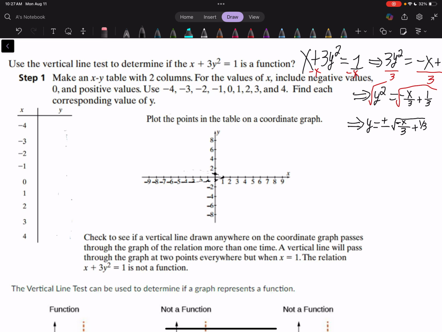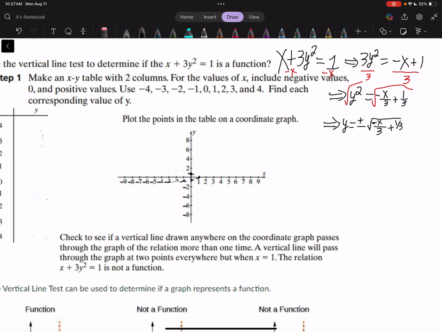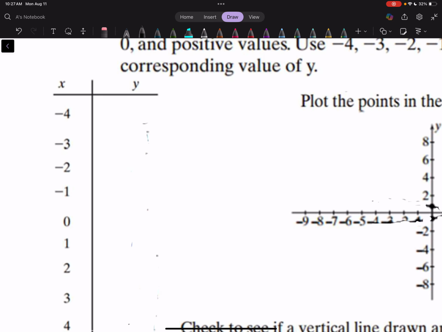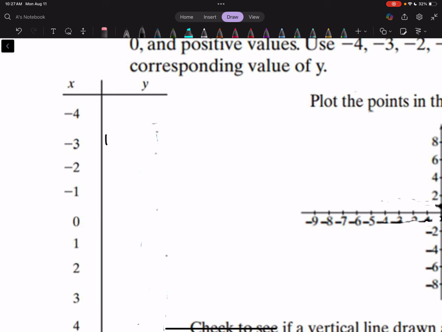All right, to fill in my table, I'm going to plug in values for x. I'm going to choose the ones to make it a little bit easier, so let's start at negative 3. If I plug in negative 3, I have plus minus the square root of negative, plugging in my x, negative 3, over 3, plus 1/3.